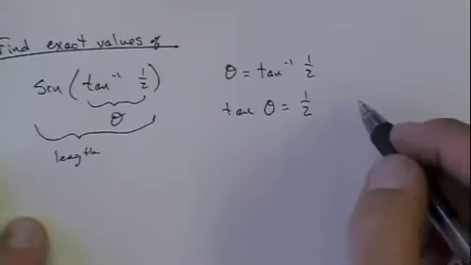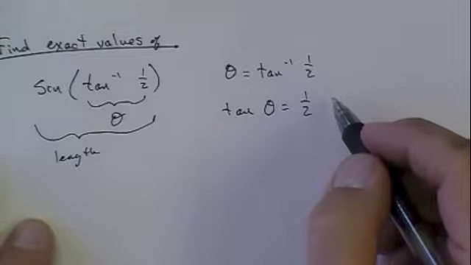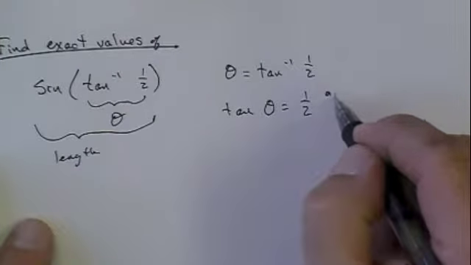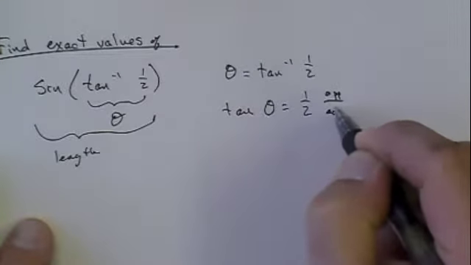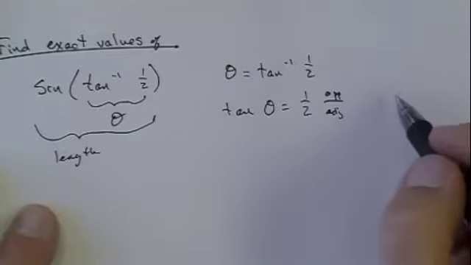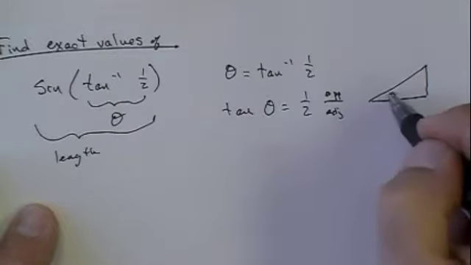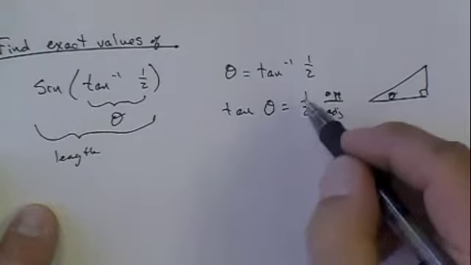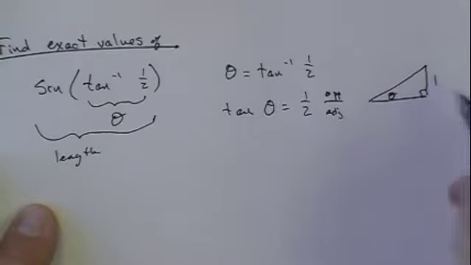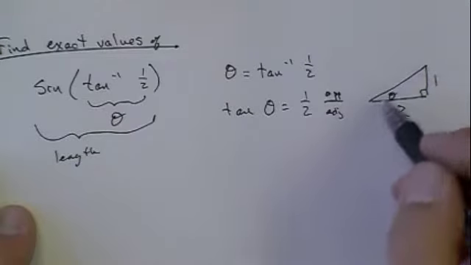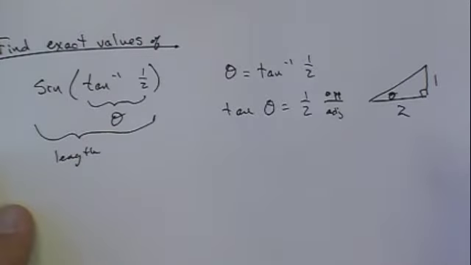If we draw ourselves a triangle, we know that for tangent, we're talking about opposite over adjacent. So we're going to set up our triangle. Here's theta. And we just said opposite over adjacent, so we have 1 over 2, and now we need to find the hypotenuse.